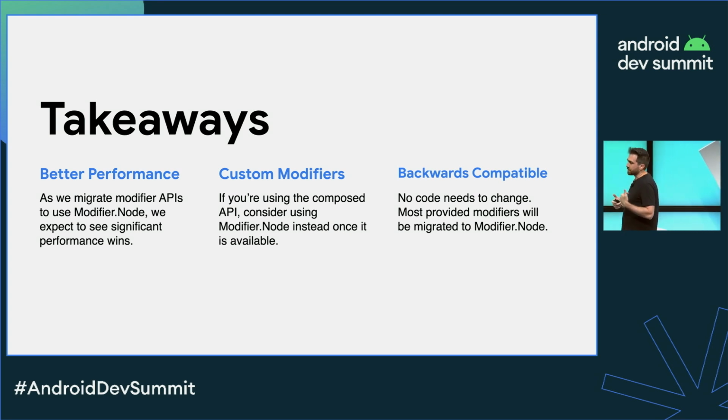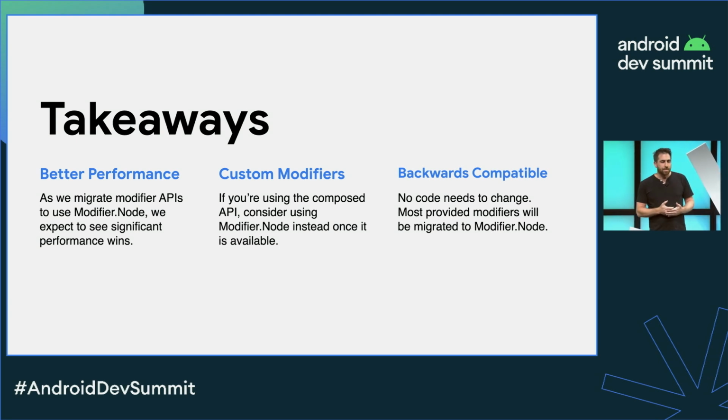When I first started working on this, I was pretty concerned. I was concerned that I wouldn't actually be able to make the changes necessary to do these performance improvements. And at Google, we try to be really thoughtful about what public APIs we put out there, and we only make public what's absolutely necessary.